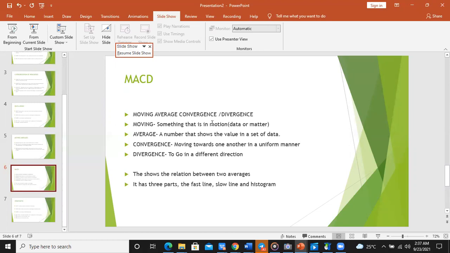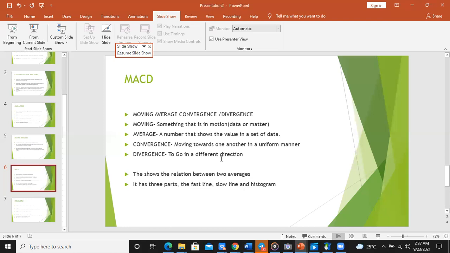You are moving from Accra to Kumasi, or you are moving from Japan to America. Now, average: a number that shows the value in a set of data, simply. It's not essential for us in the binary. There is no need cracking our heads on it.